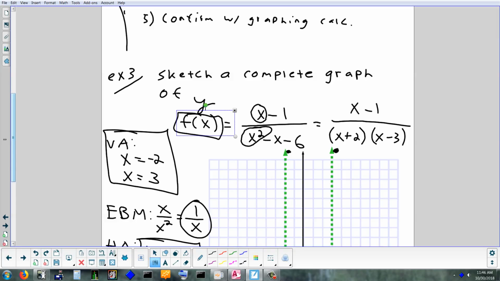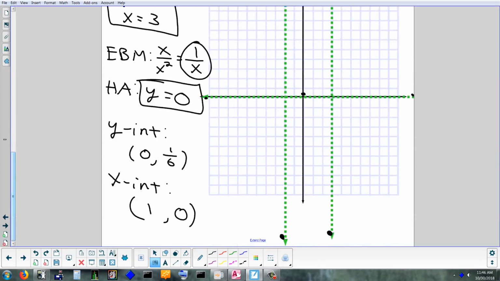So if you want to make a fraction equal to 0, which is what we want y to be, all that has to happen is the top is 0. What value of x would make the top 0? 1. No. So this is going to cross the x-axis at 1, 0. And I think that's enough points.